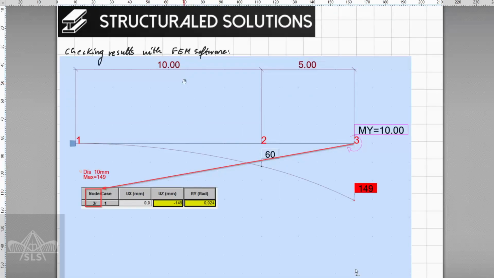And this beam was modeled in a finite element method software, Autodesk Robot. And after we applied the loads, we were able to generate the results.